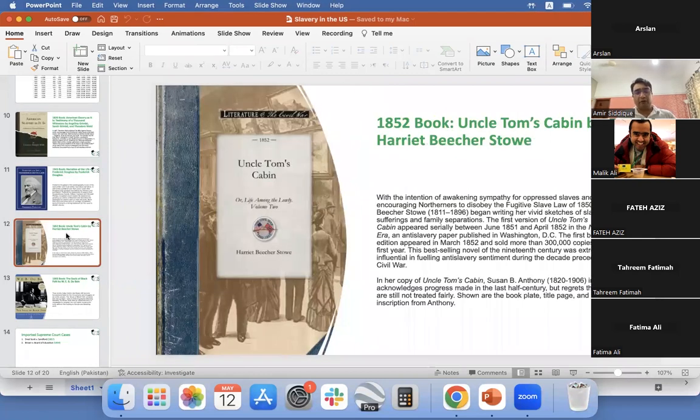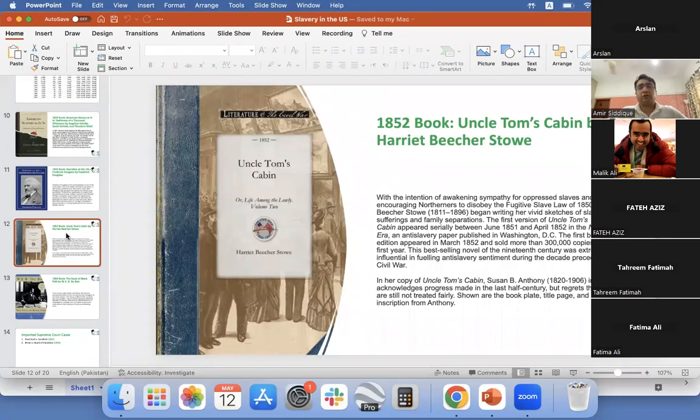This 1852 book, keep that in mind. This book, 1852, is very close to the Civil War, about a decade before it. This book was hugely popular, and it had a huge impact. The book is called Uncle Tom's Cabin by Harriet Beecher Stowe.